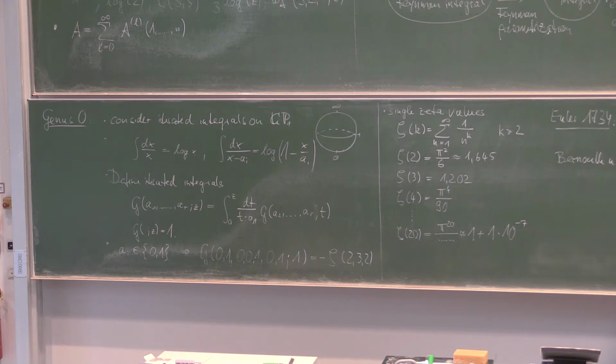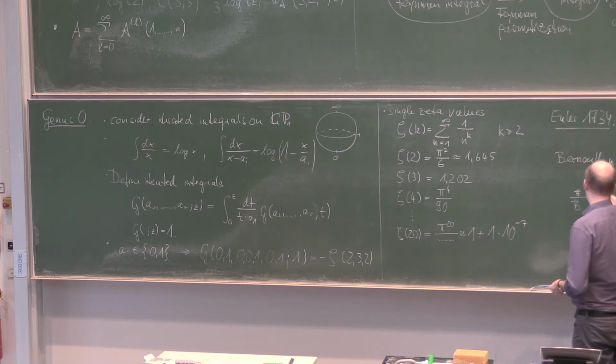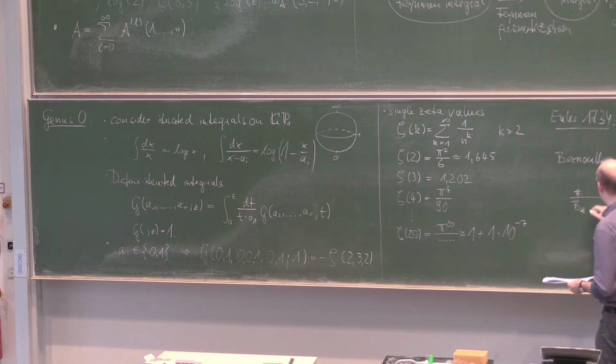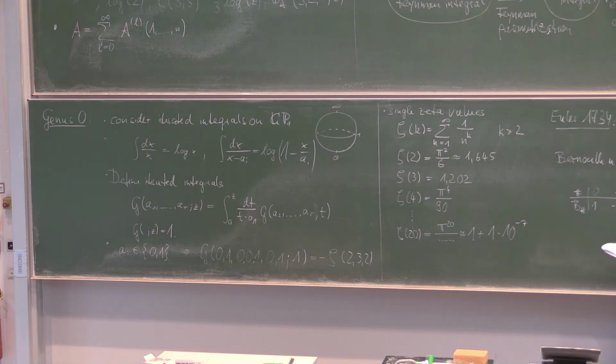And now let me write down the Bernoulli numbers. There is Bernoulli number 0, 1, and 2. And B0 is 1, B1 is minus 1/2, and B2 is 1 over 6. And it goes on for a little.